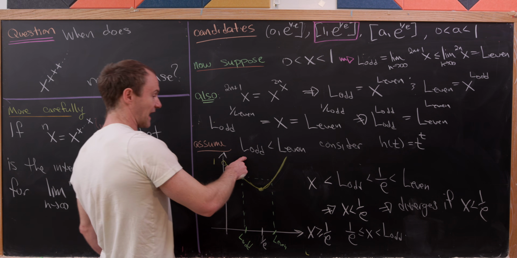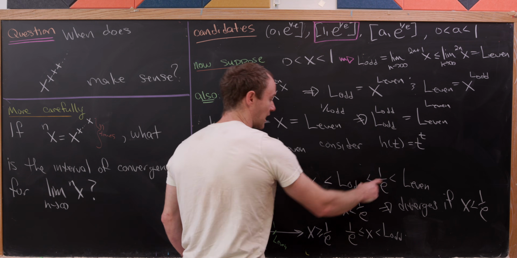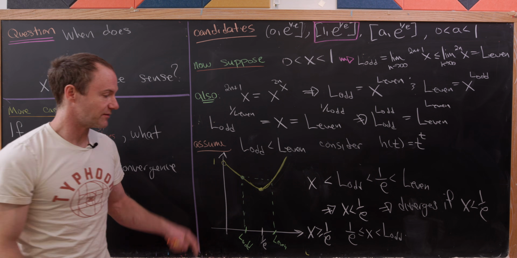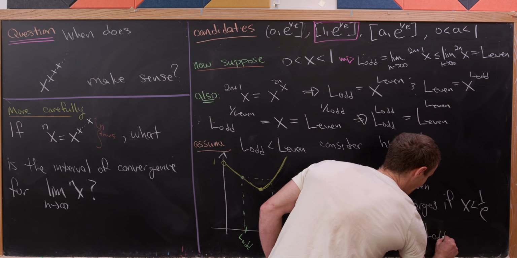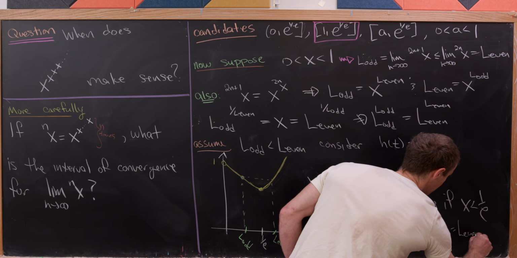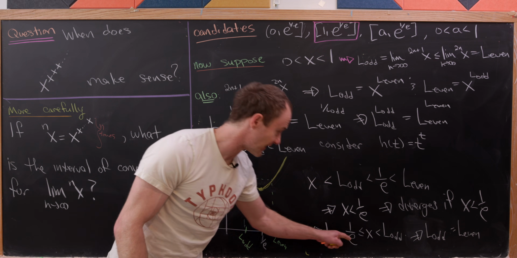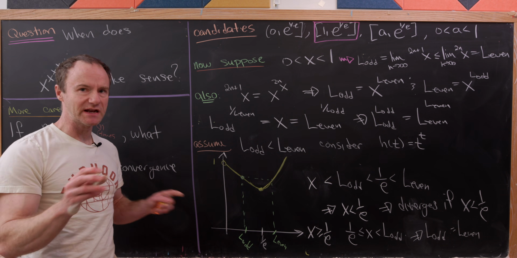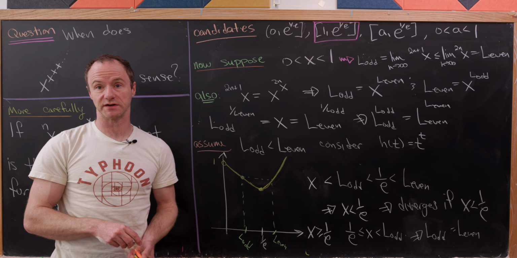But recall that L odd being less than L even implied that L odd was less than 1 over e. So L odd being bigger than 1 over e means that in fact L odd has to be equal to L even. So that means we get convergence if x is bigger than or equal to 1 over e. Okay, so we did a bunch of calculations. Now let's write down a summary of our discoveries.